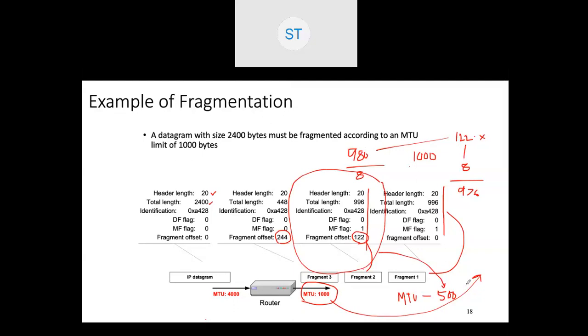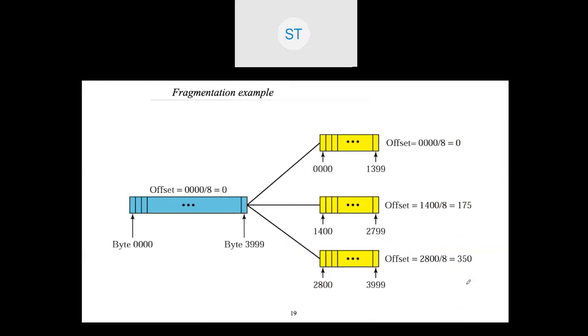We'll see another example. So here what you can see is the first packet with 1400. So what may be the MTU of this network? Anybody?